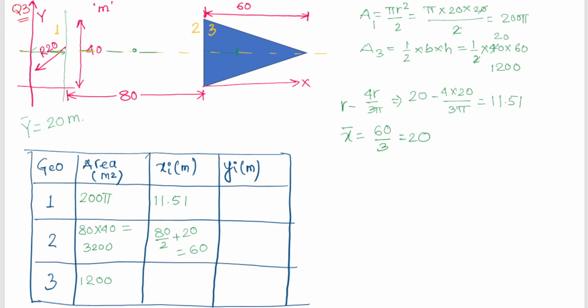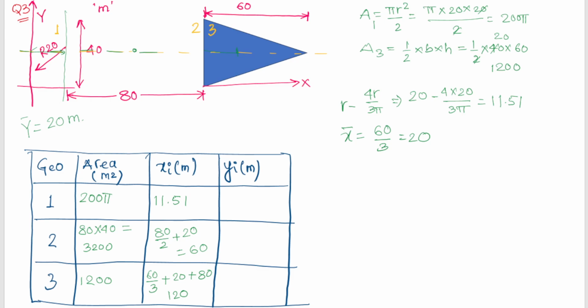And what is the distance between these 2 points? So I will write here 60 by 3, because the centroid of a triangle lies at 1/3 of the distance, and then plus 20, and then plus 80. So 80 plus 20 plus 20 means 120 meters.